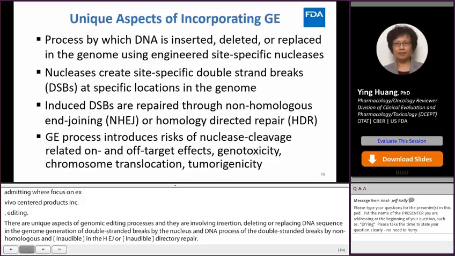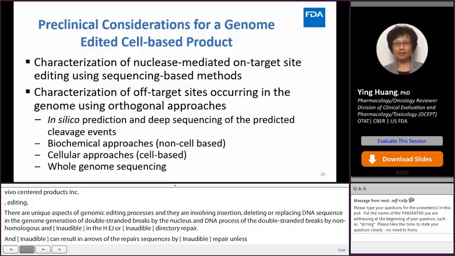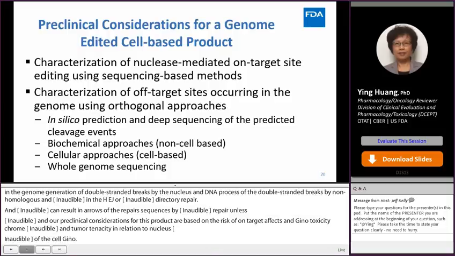Our preclinical considerations for these products are based on the risks of on- and off-target effects, genotoxicity, chromosome translocation, and tumorigenicity in relation to nuclease-cleavage of the cell genome. It is important that nuclease-cleavage is well characterized in order to guide the subsequent assessment.